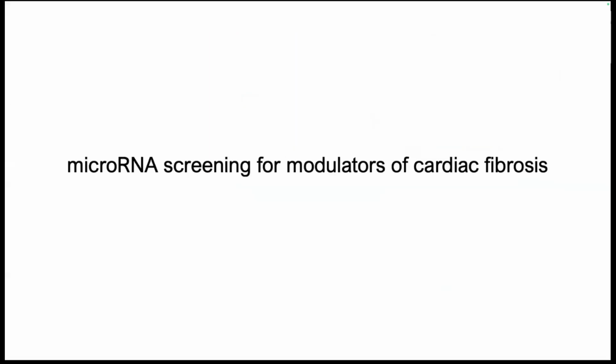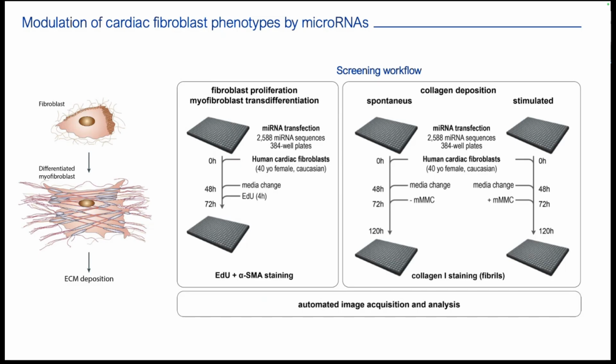Okay. And one final example on the microRNAs is for modulation of cardiac fibrosis. And here what we did was to use human primary cardiac fibroblasts and look at different phenotypes: proliferation, activation, and collagen deposition.